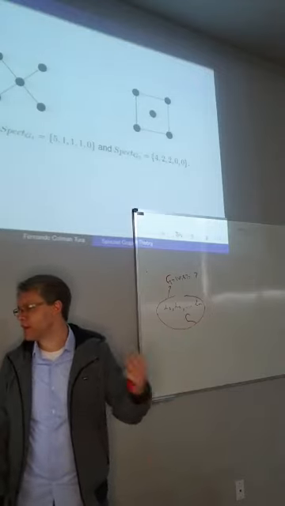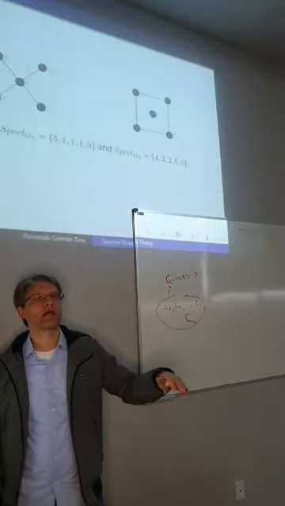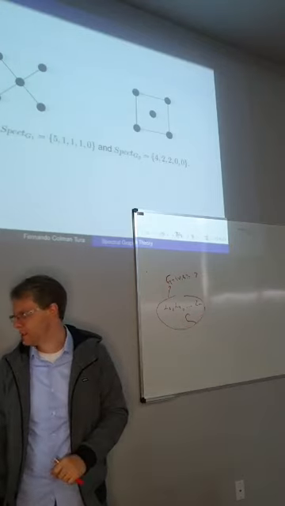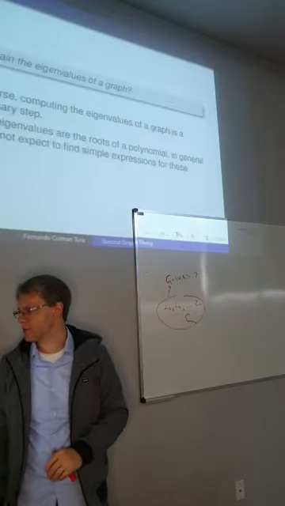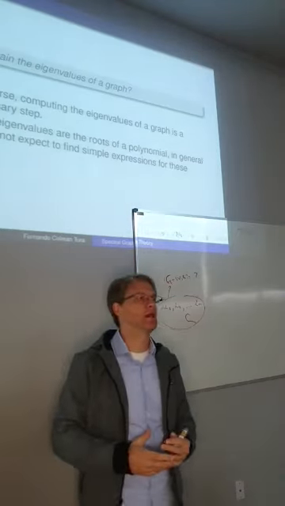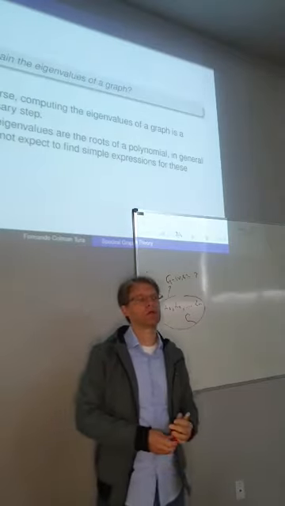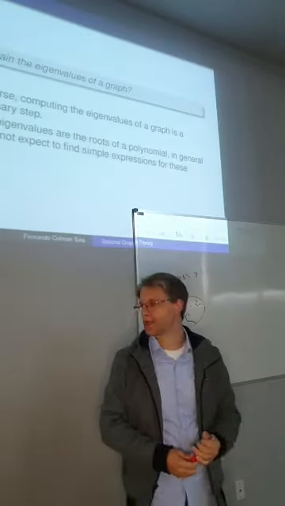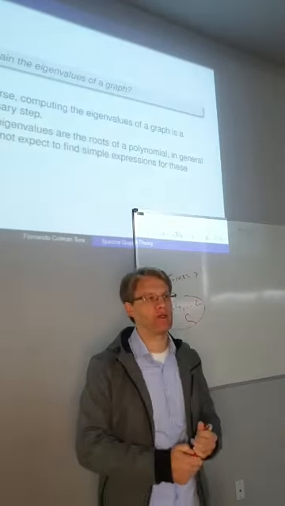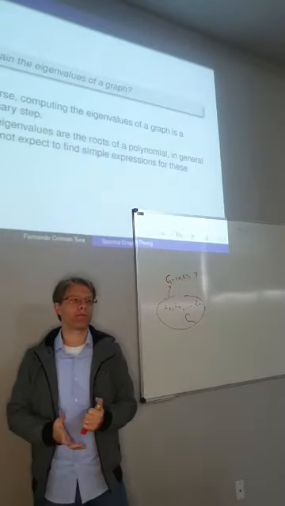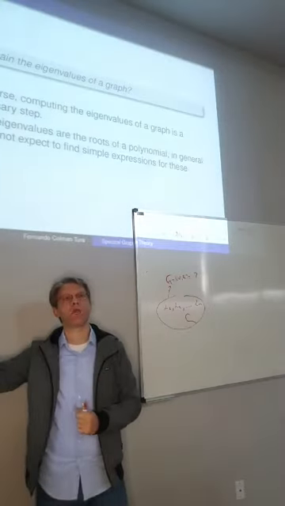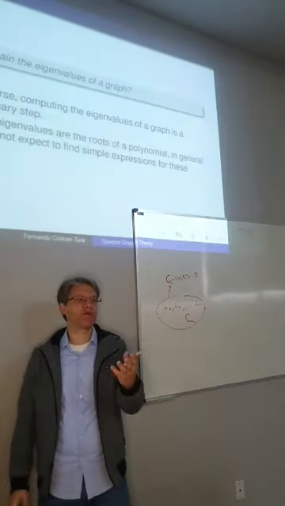So there are many other properties. I can look at the eigenvalues and say something about the graph. This is just an example. So maybe you are thinking, how is it possible to obtain the eigenvalues of a graph? Of course, computing the eigenvalues of a graph is a necessary step, because how can you say something about the graph if you don't look at the eigenvalues?